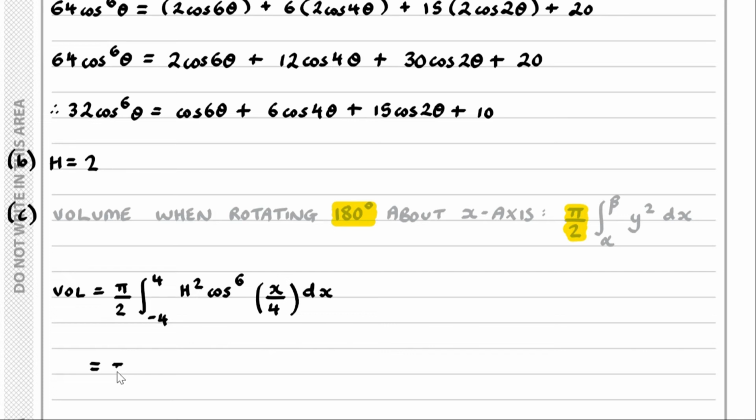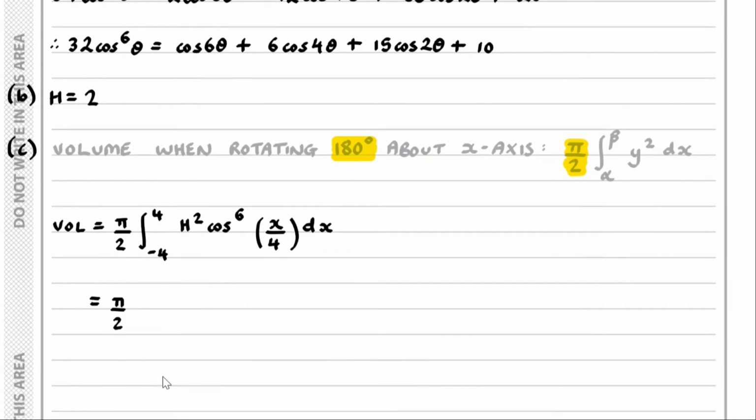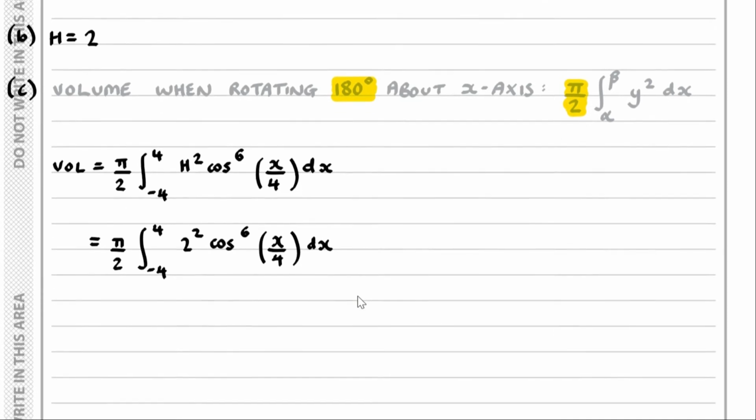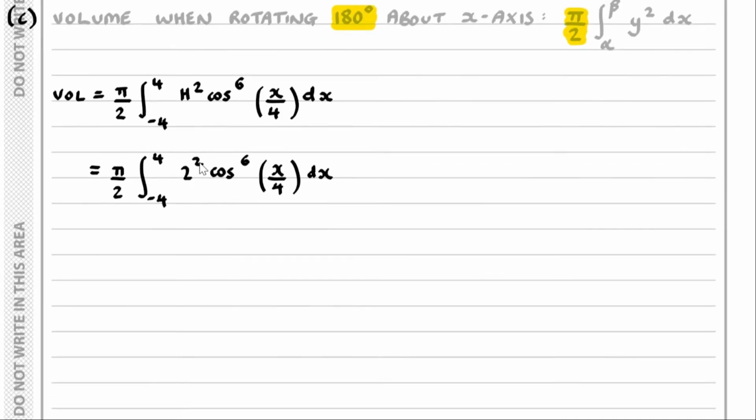And so we have pi over 2 times the integral from minus 4 to 4 of h squared, so that's 2 squared, times cos of x over 4 to the 6. And so 2 squared is 4, and multiplying that by pi over 2, I get 2 pi.